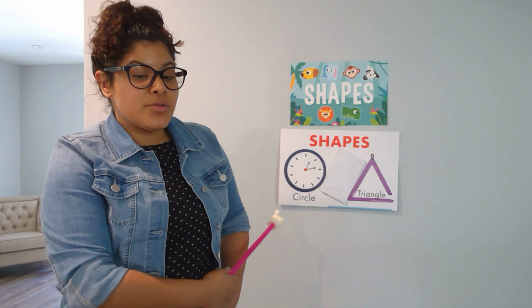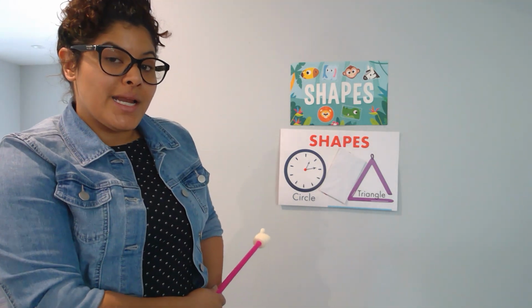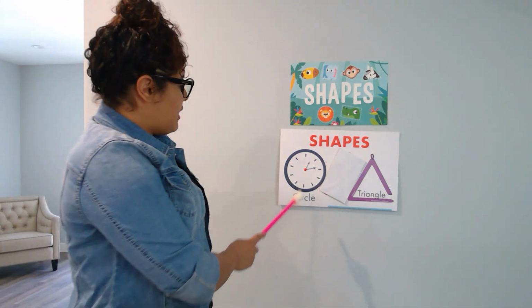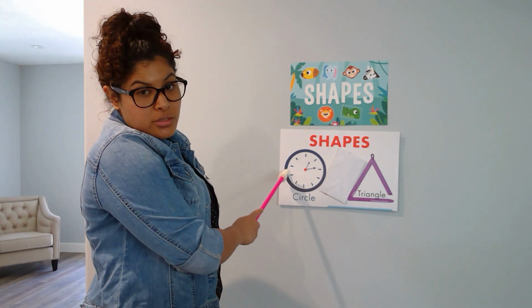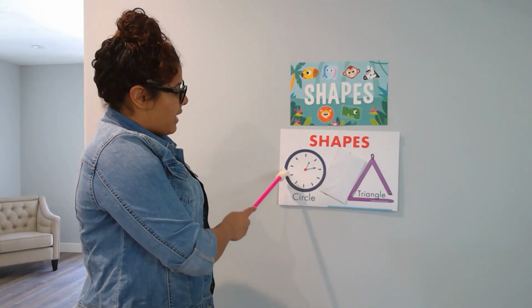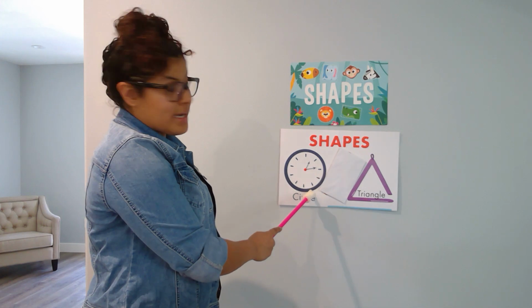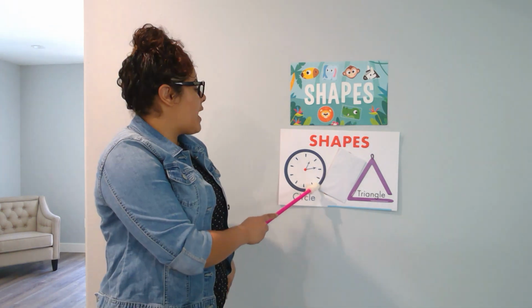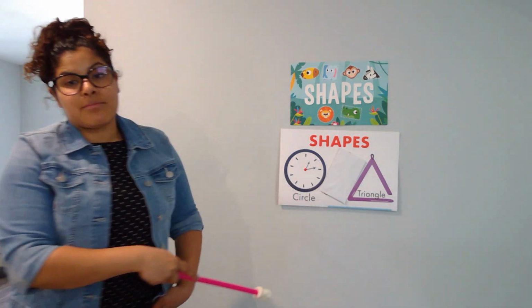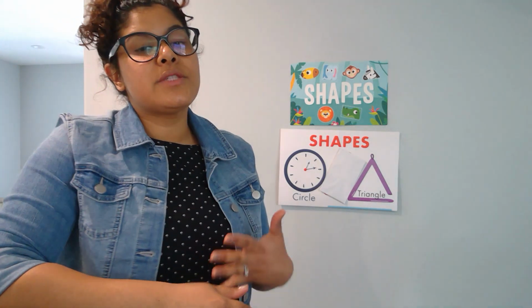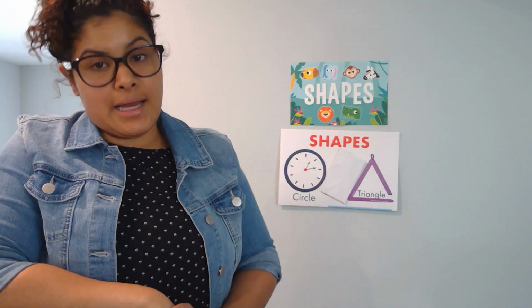And that line doesn't really start anywhere and it doesn't end anywhere. It can start here if we want to and end right back at the same place. Or it can start here if we want to and end right back at the same place. So a circle is very different because it only has a curved line. It doesn't have a beginning and it doesn't have an end.